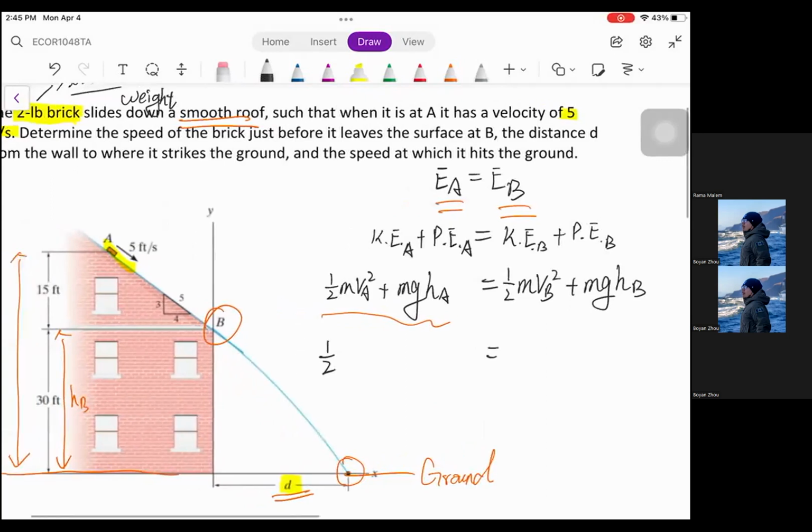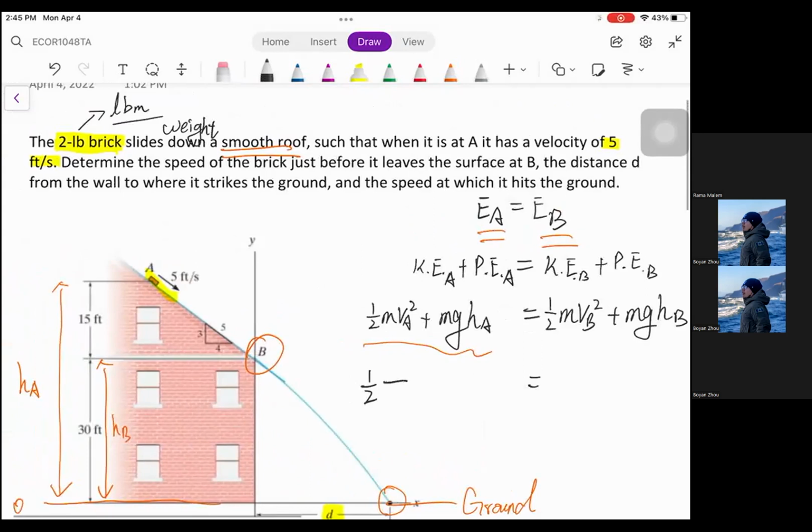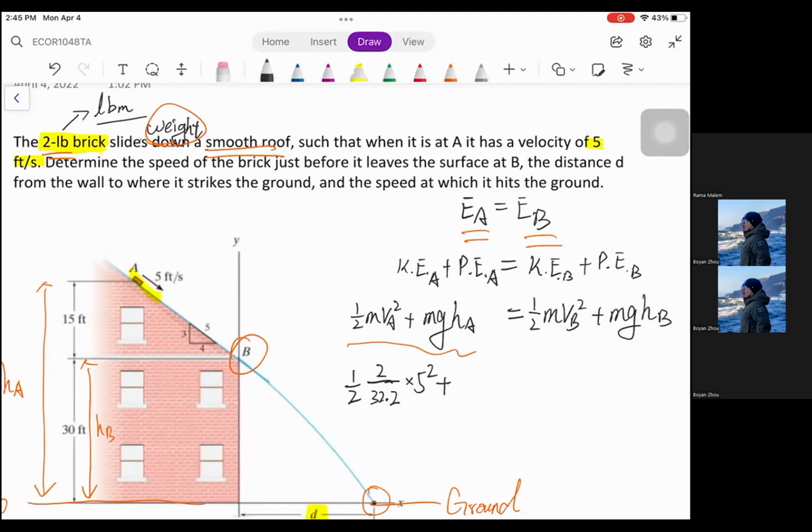So half, and the mass here, keep in mind that what we have is weight units, a pound mass, so it needs to be over 32.2. We are converting the mass to slugs, times the velocity, so that is 5 to the power of 2. Plus the same thing.